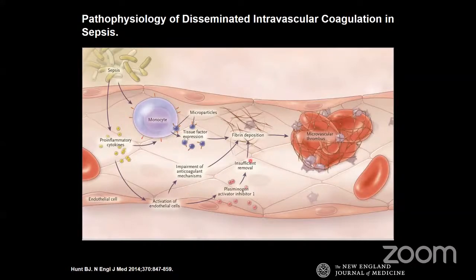And therefore, at the end of the day, you end up forming microvascular thrombi, and these become very many, and they end up causing hypoperfusion at the cellular level because they can block the system. But on the other hand, you can end up causing so much of this that you consume all your clotting factors, and that is called consumptive coagulopathy, and you progress into uncontrollable bleeding.